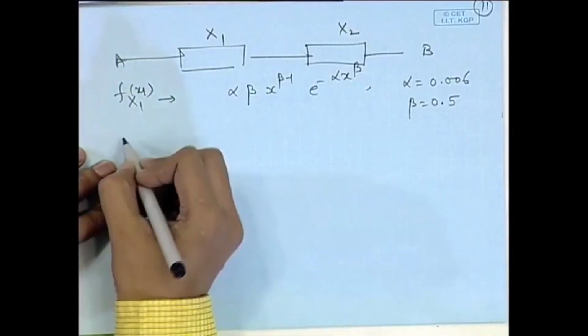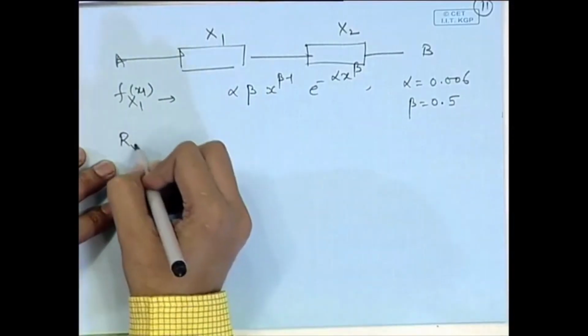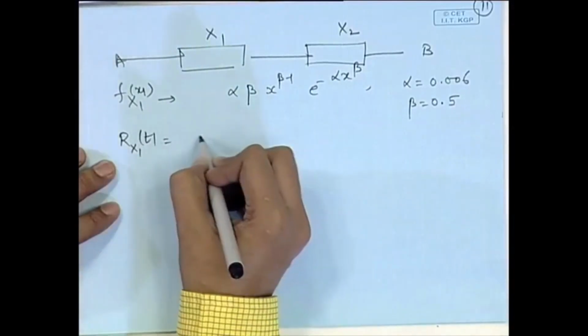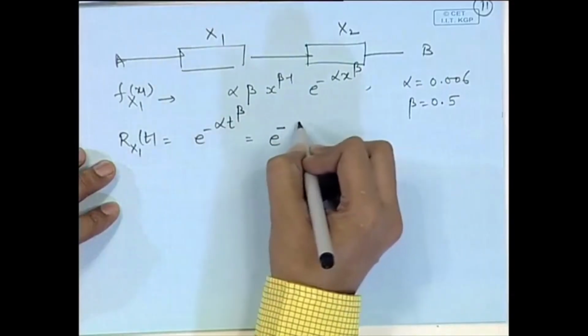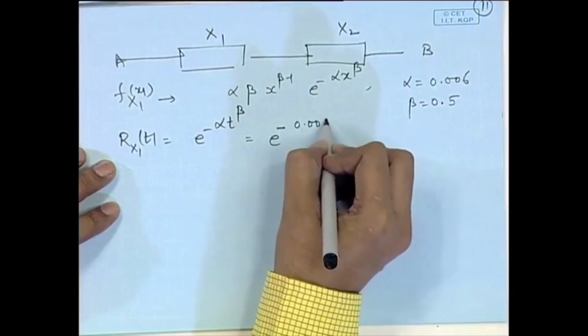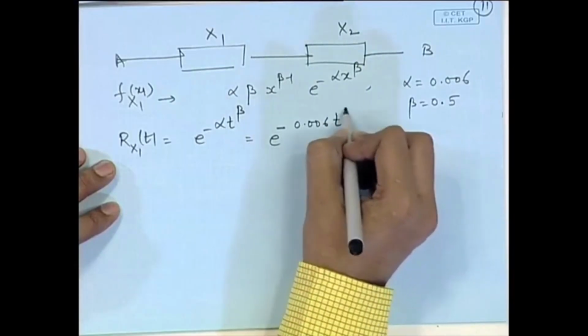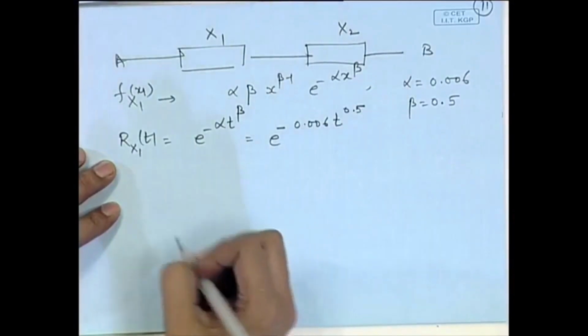The reliability function of X1 is e to the power minus alpha t to the power beta, that is e to the power minus 0.006 t to the power 0.5.